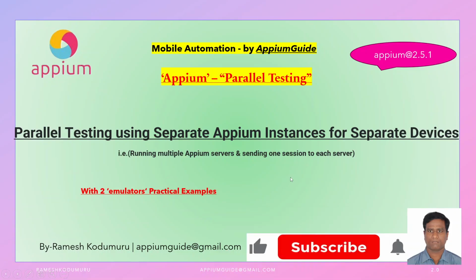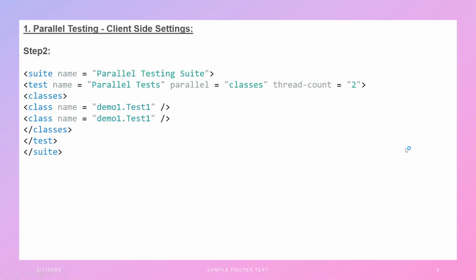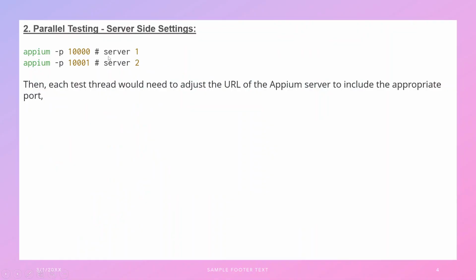Previously we ran separate Appium instances for separate devices. What we did was start two Appium servers with different ports, using appium -p with the port I have given here.